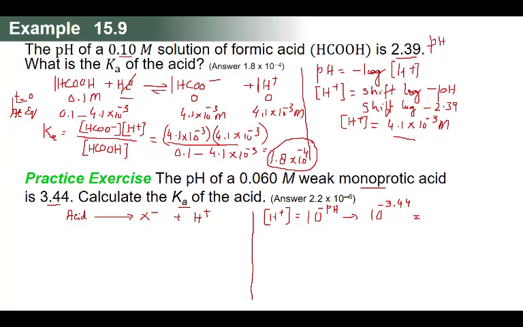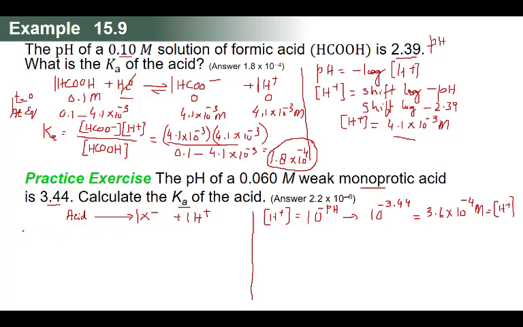That will give you the answer. Let me check this mathematics. 3.6 minus 4. So 3.6 times 10 raised to the power minus 4 molarity. This is the concentration of the hydrogen ion, H plus ion, and also it will be the negative ion. Both are the same, this is 1 and this is 1, so both will be equal.